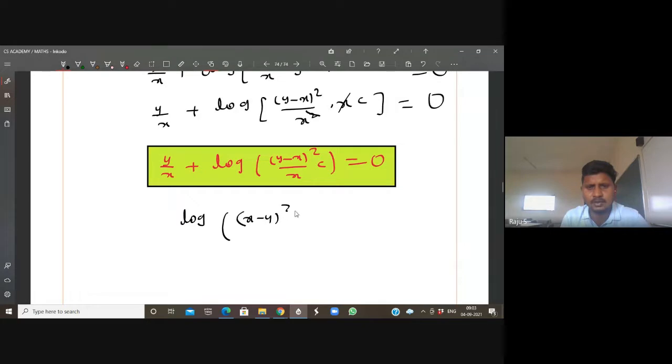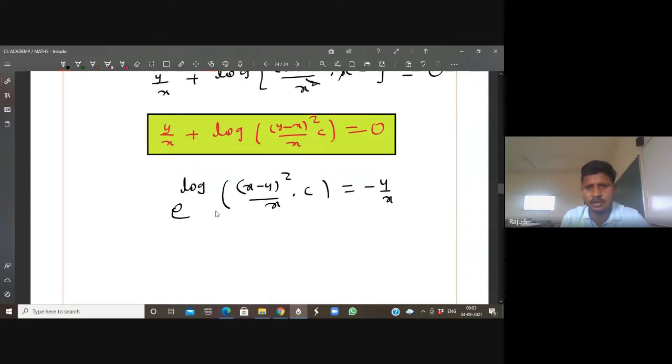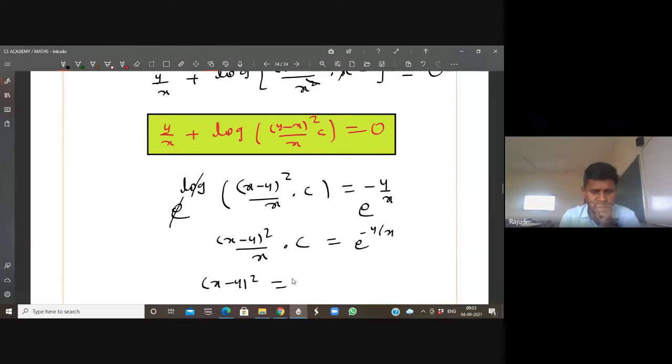Because power is there by x into c, you can take minus y by x. If you want to cancel log, take e, then it gets cancelled. So x minus y the whole square by x into c is equal to e to the power of minus y by x. Then x minus y the whole square is equal to x into e to the power of minus y by x.